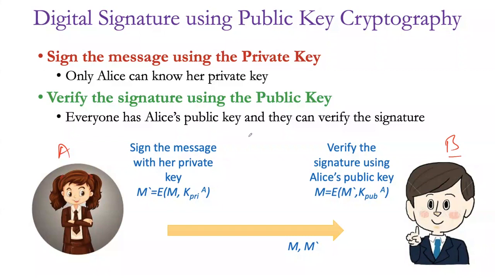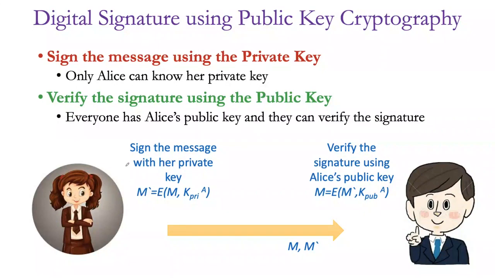How this key is distributed, we will discuss in today's lecture. Alice's public key will be with every legitimate receiver, and they can simply verify the signature. If Alice wants to send any information, such as transactions, we treat that information as a message.